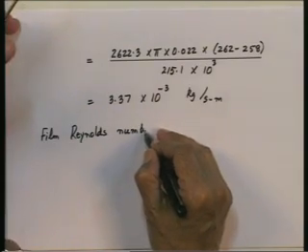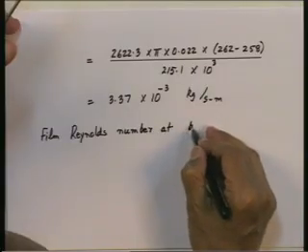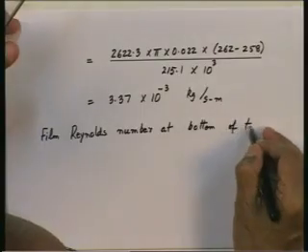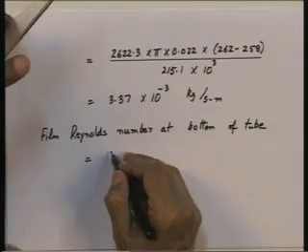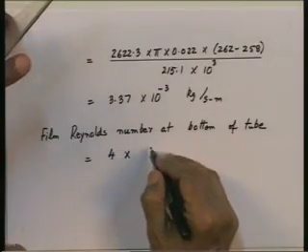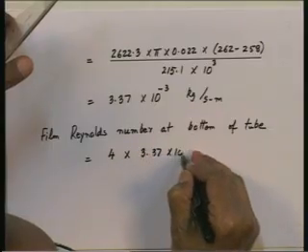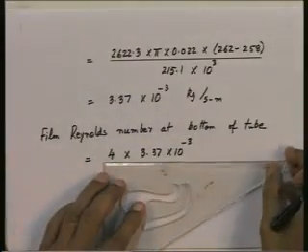So, film Reynolds number at bottom of tube is equal to 4 multiplied by m dot by L, that is 3.37 into 10 to the minus 3, divided by the viscosity mu.